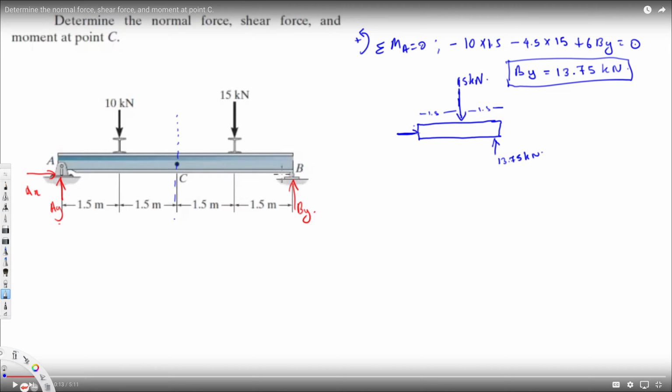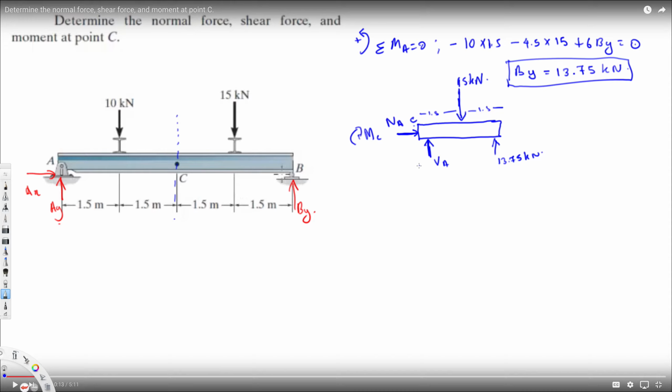Normal force is always going to be horizontal, so it's going to be NA, and shear force is going to be acting vertical, so it's going to be VA. We also have to calculate the moment around C. I don't know the direction, I just wrote it like this.